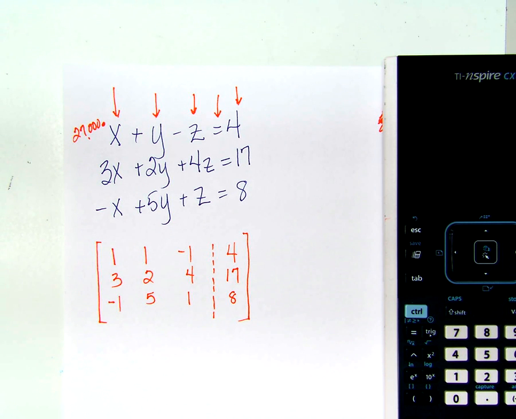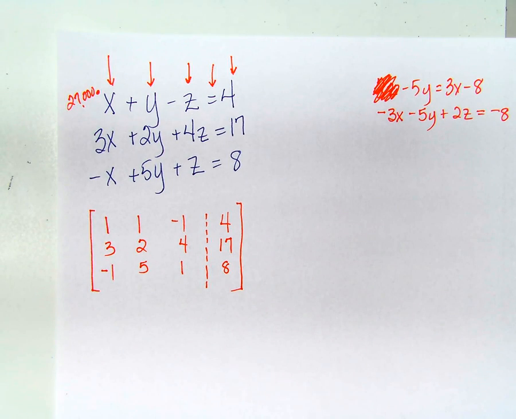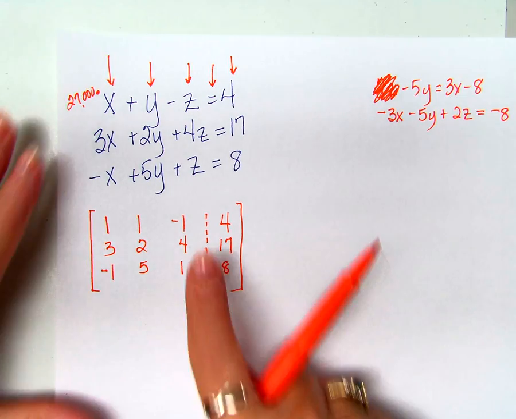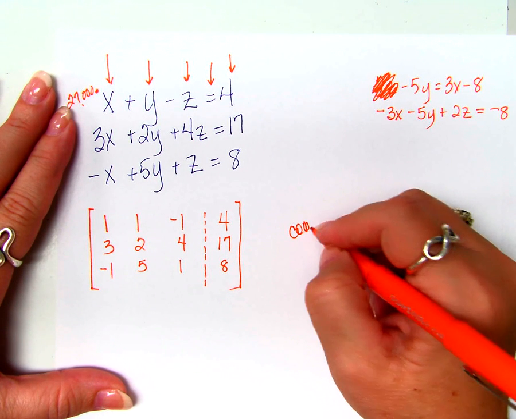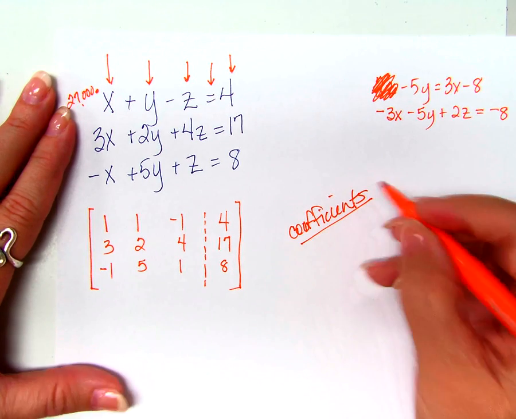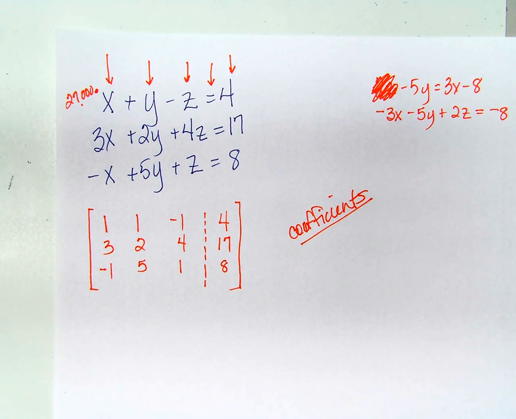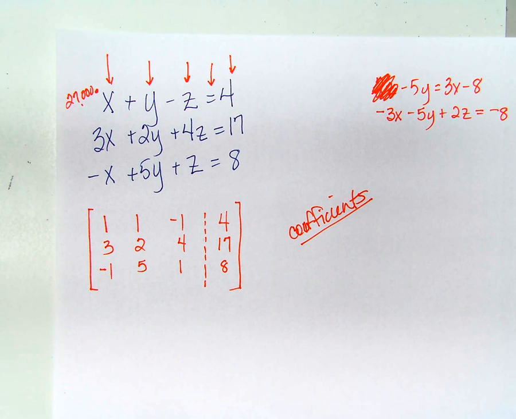Where did I come up with that? It's the coefficients, right? We call it an augmented matrix because that's what it's called. Without this dotted line, this is called a coefficient matrix. We have to look at the coefficients, being very, very careful to keep the sign with the correct coefficient.